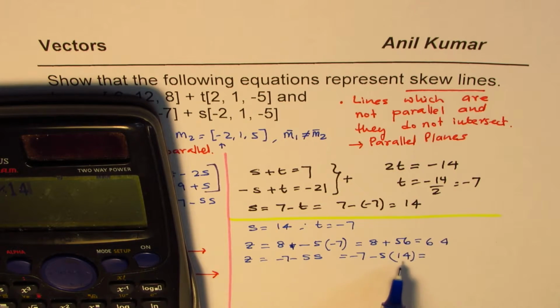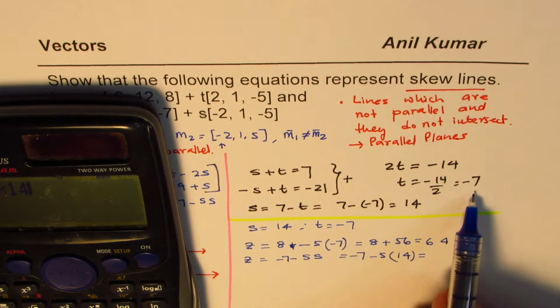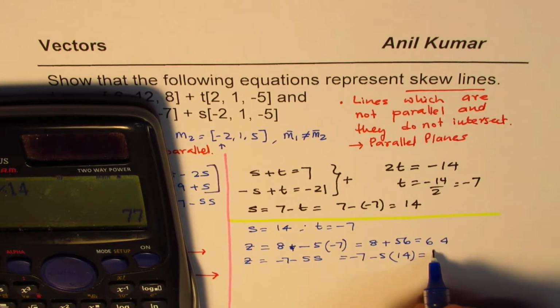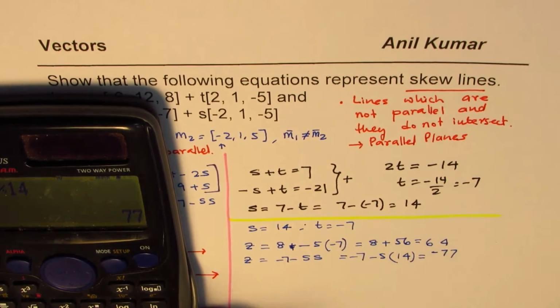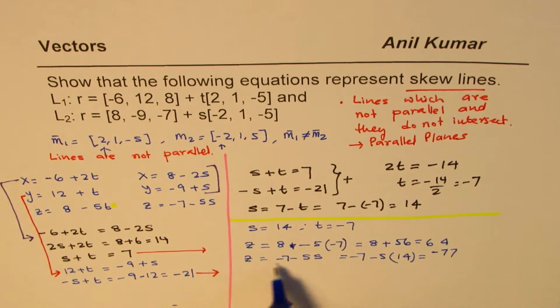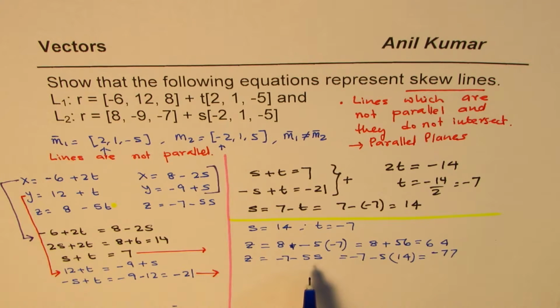I'm sorry, the s value is positive, the t value is negative, that's fine. We use the same way and add this up, and we get 77 with a negative sign. So clearly z values do not match. Since z values do not match, these lines do not intersect, correct?